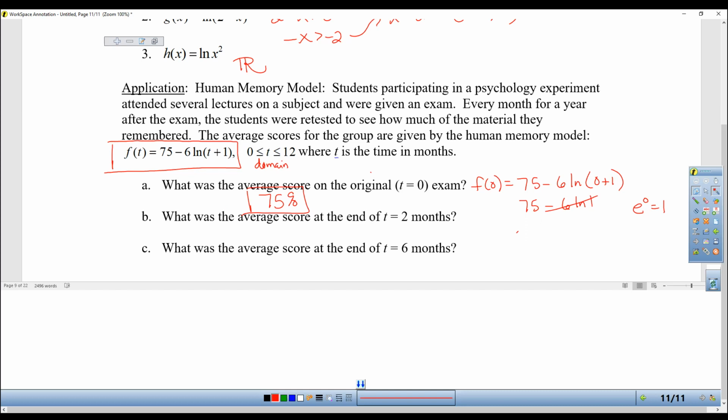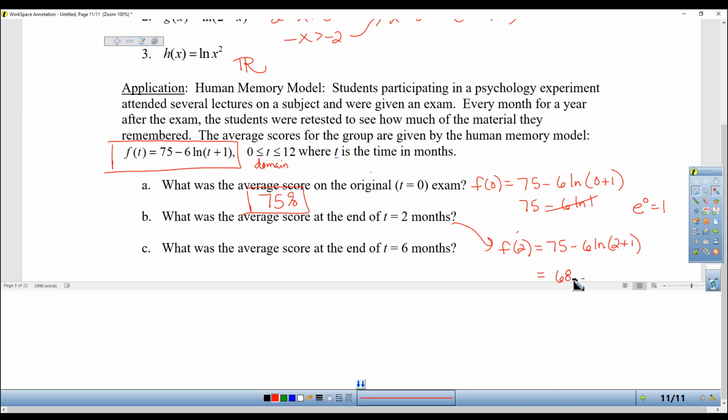But what about at the end of 2 months? And then what about at the end of 6 months? So at 2 months, you're going to put a 2 in there. 75 minus 6 natural log of 2 plus 1. So I won't switch to the calculator page.